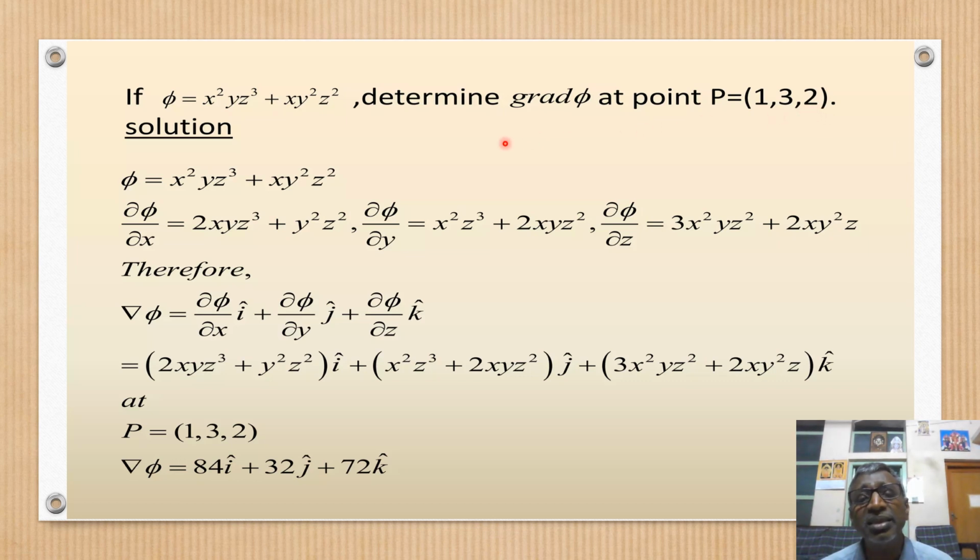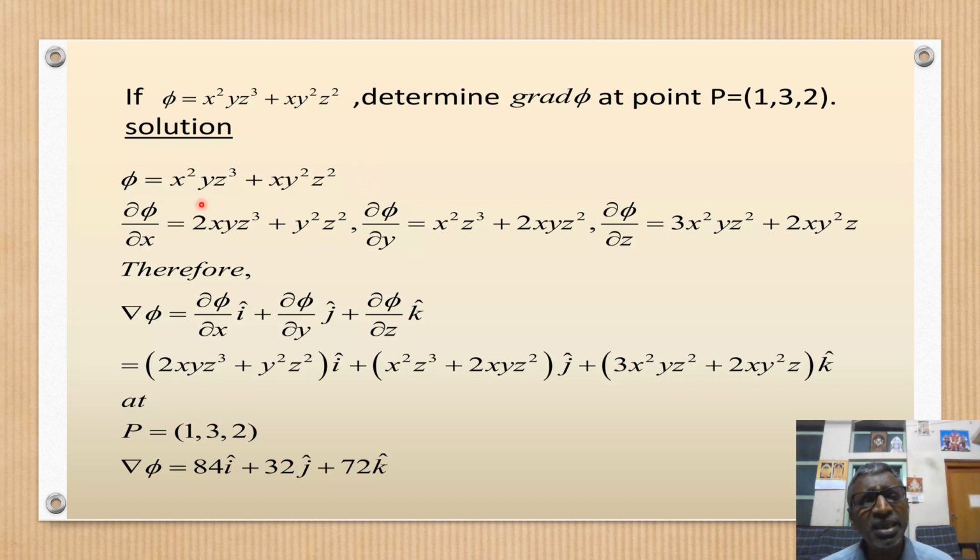Because we are discussing variables in 3 dimensions, we calculate the gradient at the point (1, 3, 2). You see that here we don't observe any i, j, k, therefore it is not a vector function. It is a scalar function given by x square y z cube plus x y square z square.